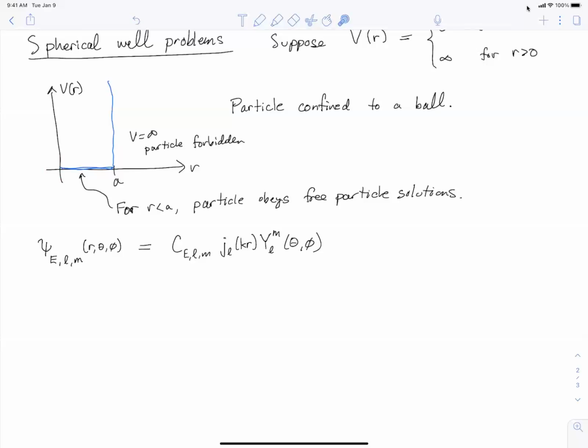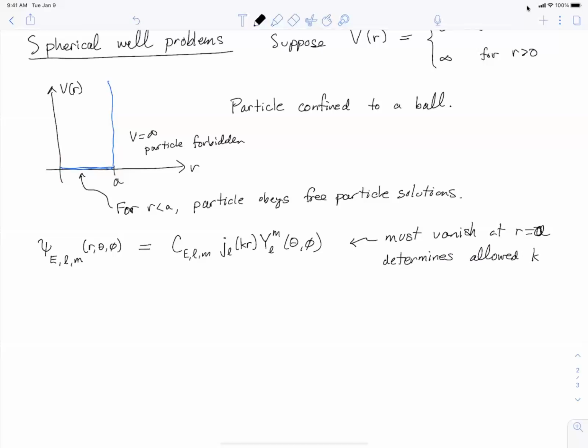And the other thing that's going on here is because we have to match the wave function at r equals a, this thing must vanish at r equals a, and that determines what are the allowed values of k.